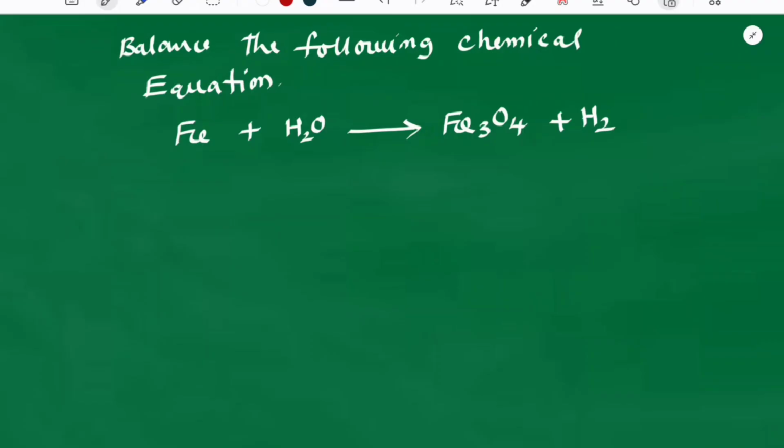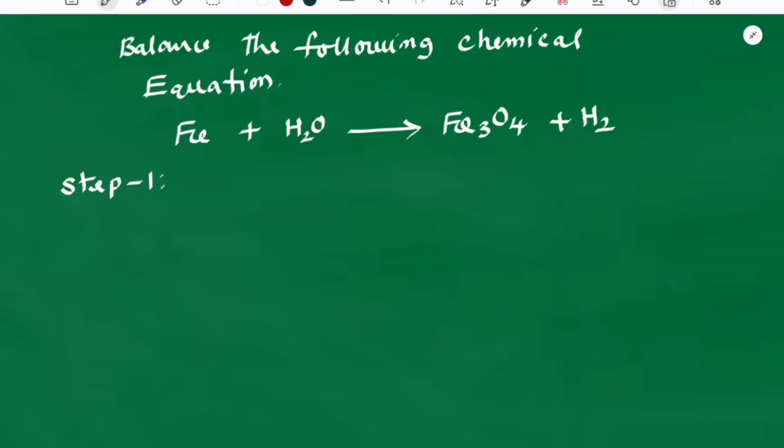Let us see step 1. Step 1 for balancing a chemical equation: first draw boxes around each formula.